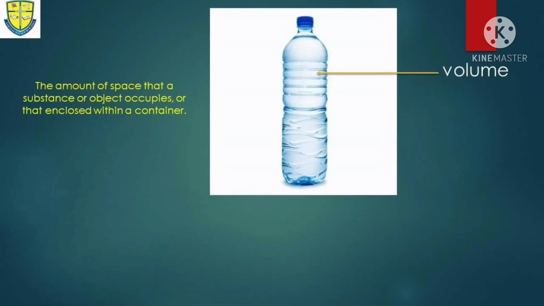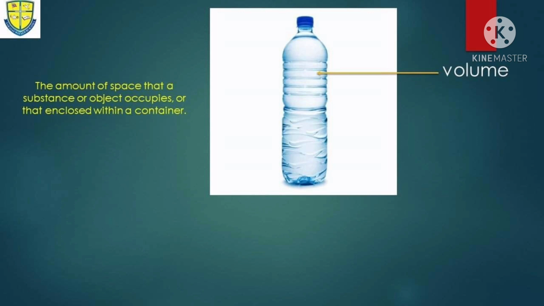So for example, this bottle of water, there is a volume inside of it, which is the water inside of this bottle, because volume is the amount of space that a substance or object occupies. It means the water inside is the volume, or that enclosed within a container.